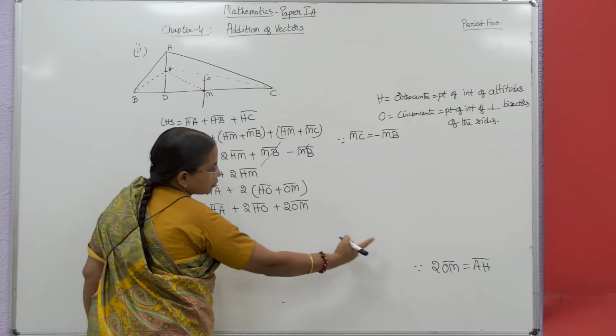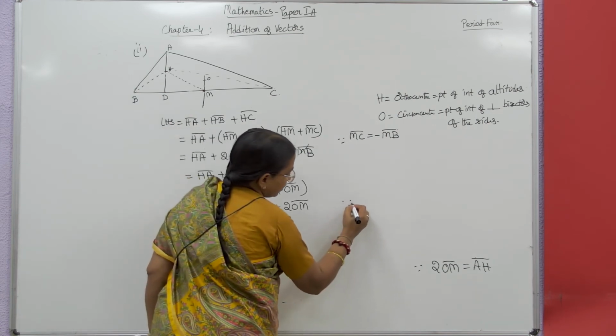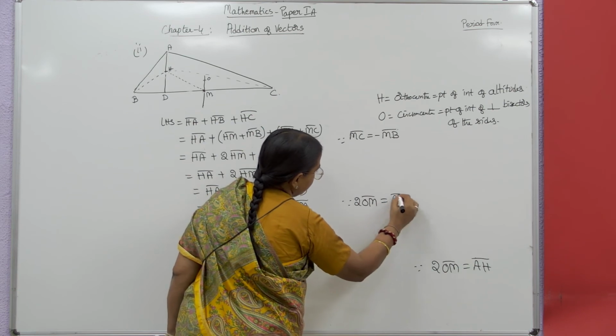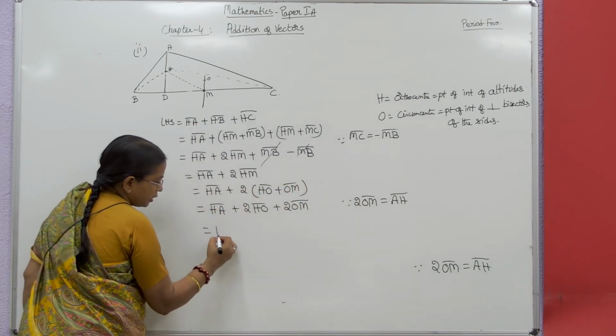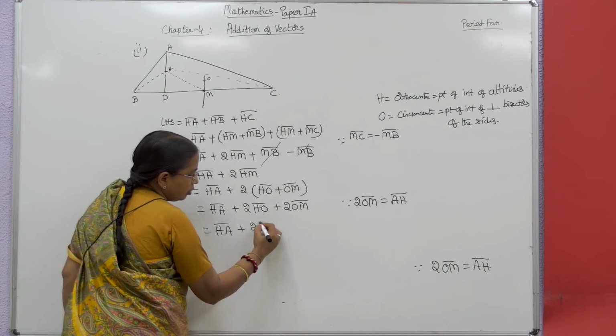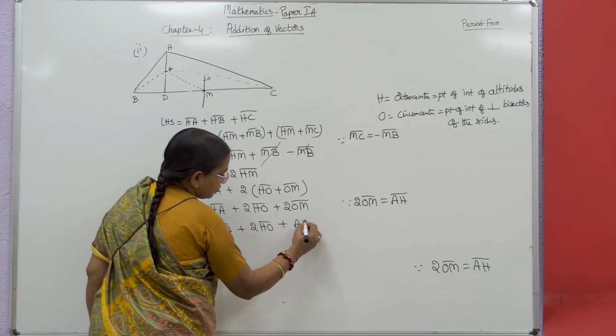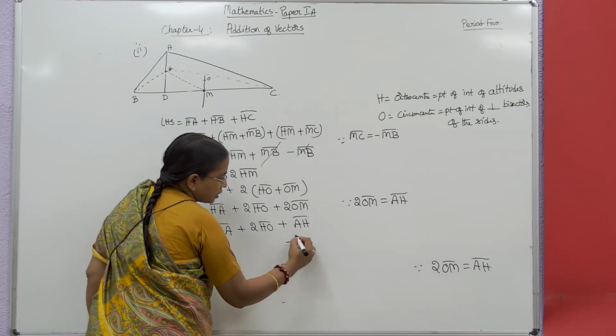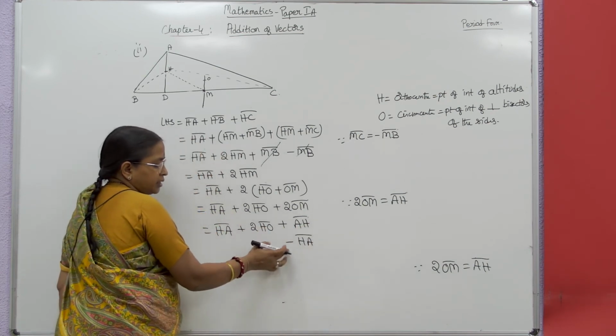What is 2 times OM? 2 times OM is equal to AH. We'll write here HA plus 2 times HO plus AH. AH I can write as minus HA, because when I interchange the initial and terminal point, it changes the sign.